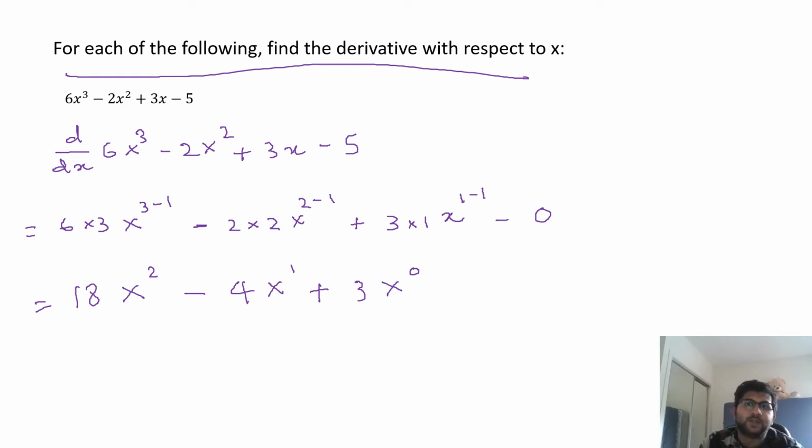We can simplify this a little more: 18x squared minus 4x plus 3, since x to the power 0 is 1. This is the answer, the derivative of this function with respect to x.